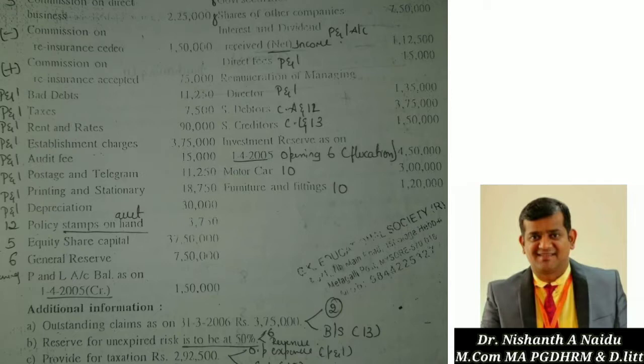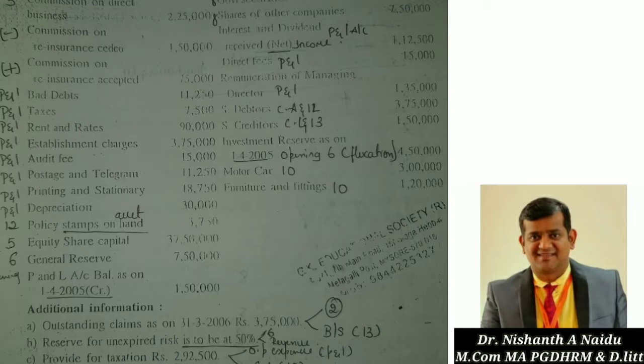Apart from this, in this problem he has given additional information, that is adjustments. Additional information A, outstanding claims as on 31st March 2006, 3,75,000 rupees. B, reserve for unexpired risk is to be at 50%. Since it is fire insurance, obviously we keep 50% only.